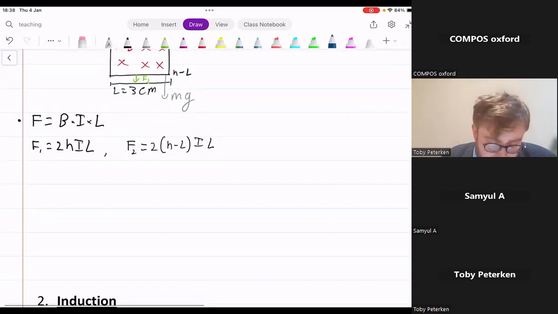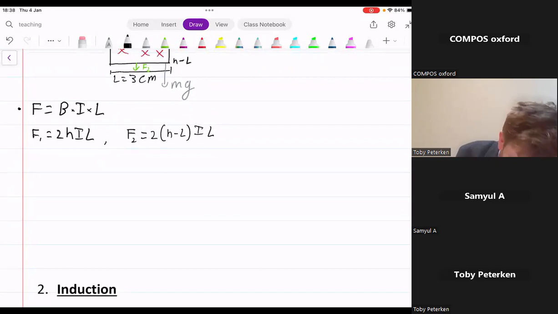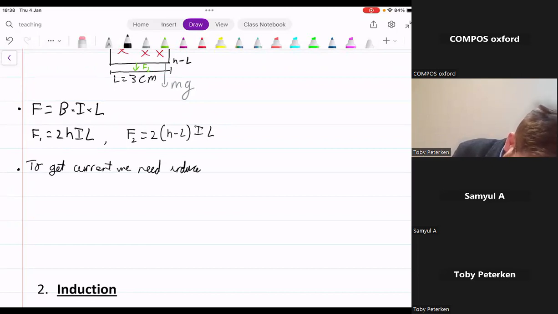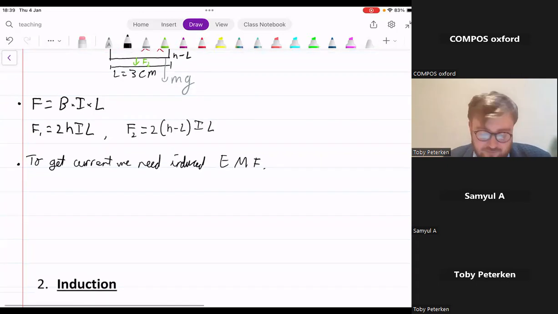Now, in order to get the current, we need the induced EMF. How do we get this? At each height the field strength is different.